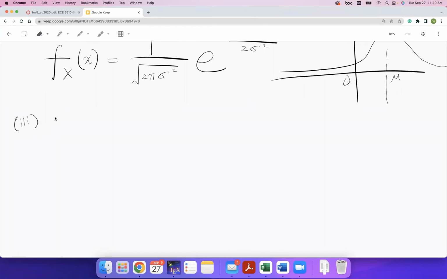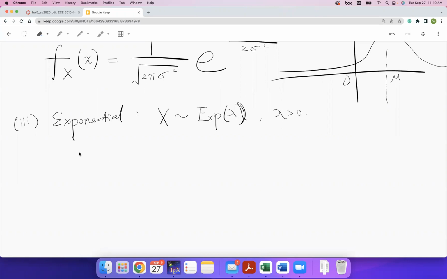And another one that we will see many times is the exponential PDF. The random variable follows an exponential distribution, which we denote as exp lambda, where lambda is a positive number.